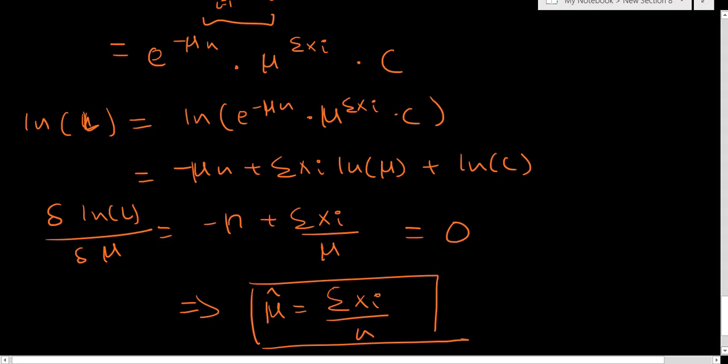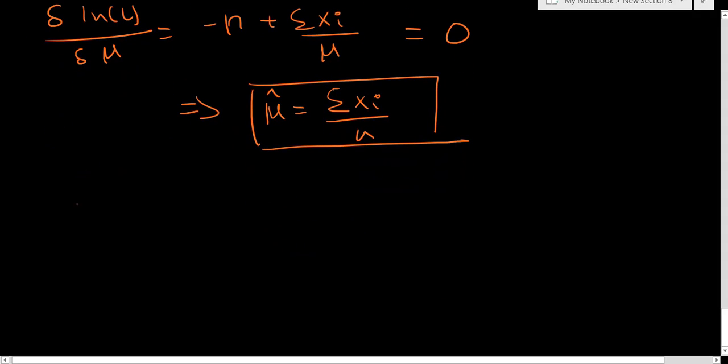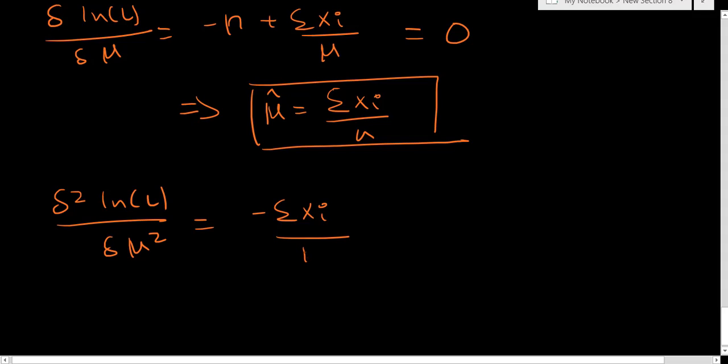Okay, and now in order to check whether this is a point of maxima or not, I would take the second derivative, which is, sure enough, negative. So this is the point of maxima.